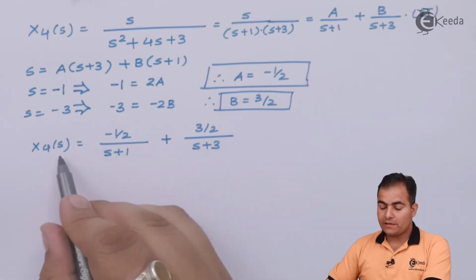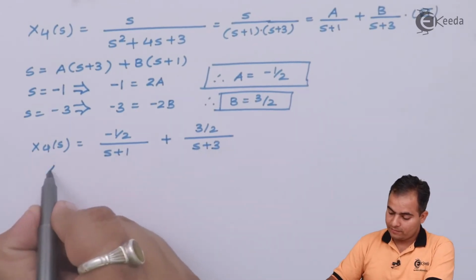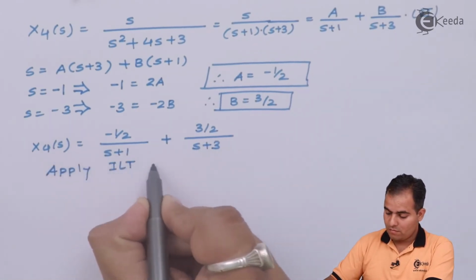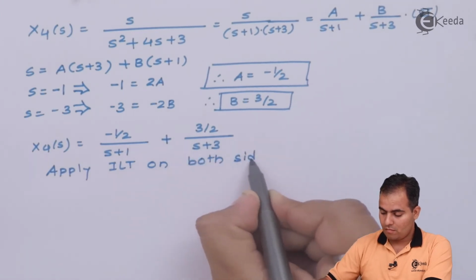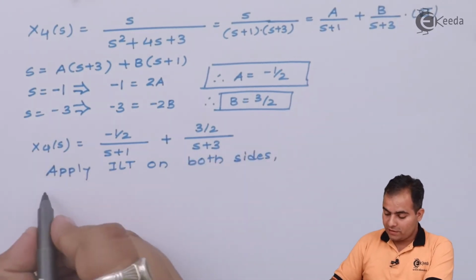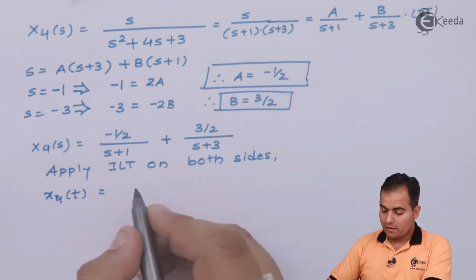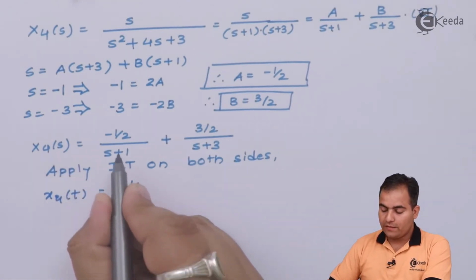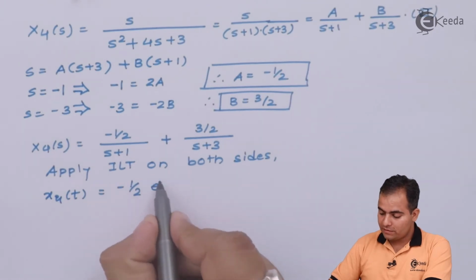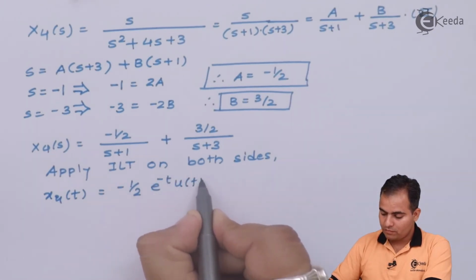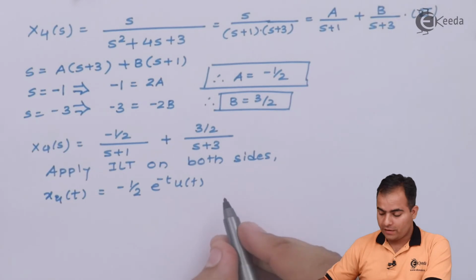Now we will apply the Laplace inverse on both sides. So x4 of s is nothing but my x4 of t. Now -half is a constant, and we know that the Laplace inverse of 1 upon s plus 1 is e to the power minus t u of t.